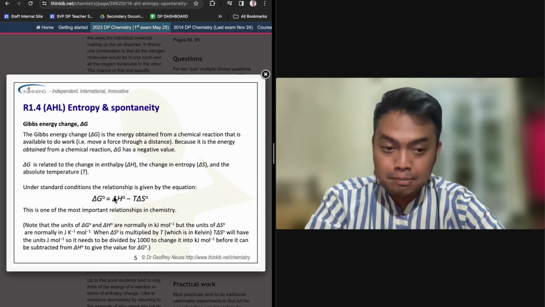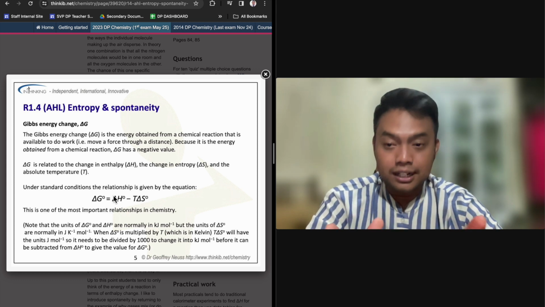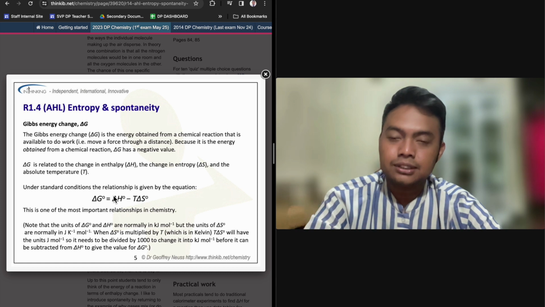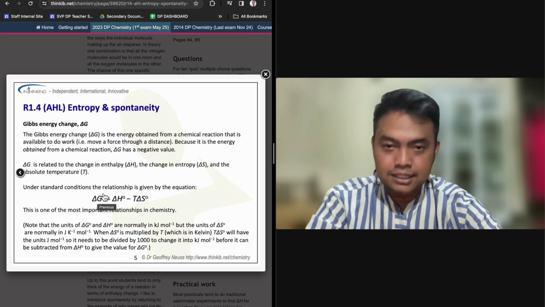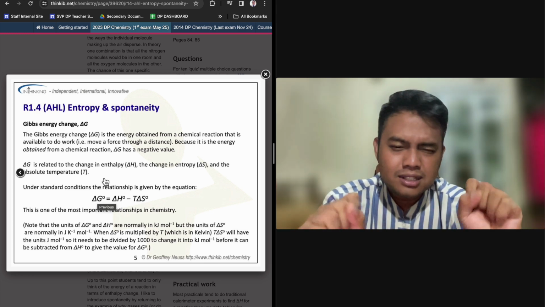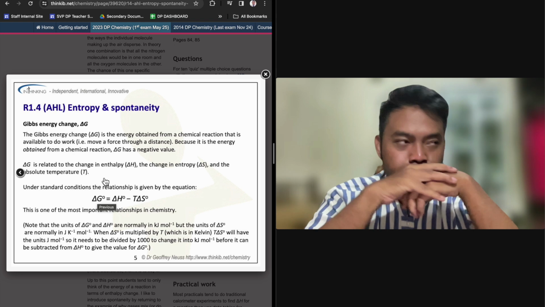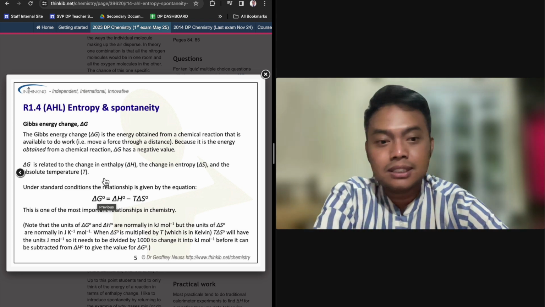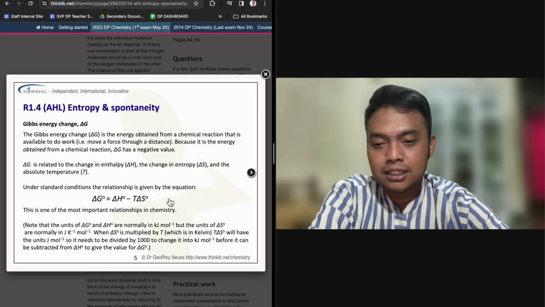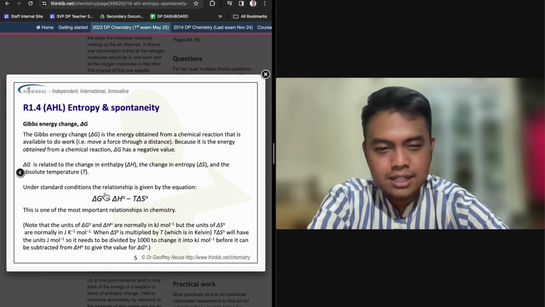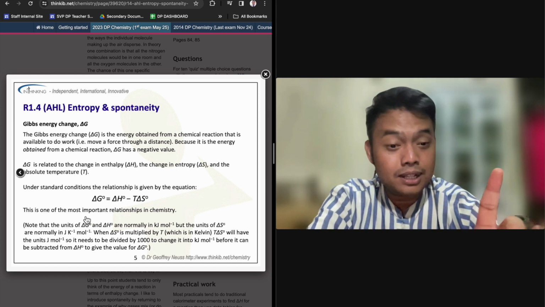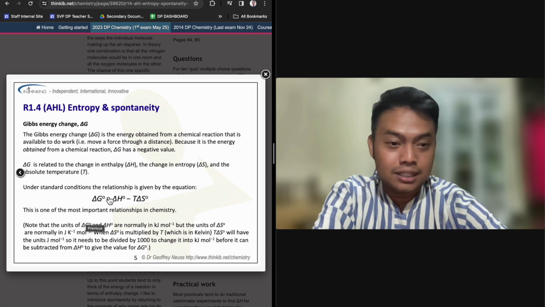Delta H, enthalpy, is the total energy in the molecules, and delta G is the Gibbs energy change, or free energy. It is abstract, but once you understand the function of these equations, hopefully you'll understand why this is so important in chemistry.